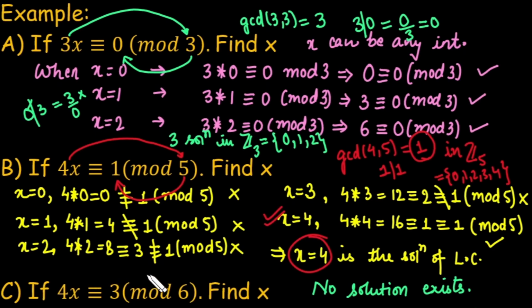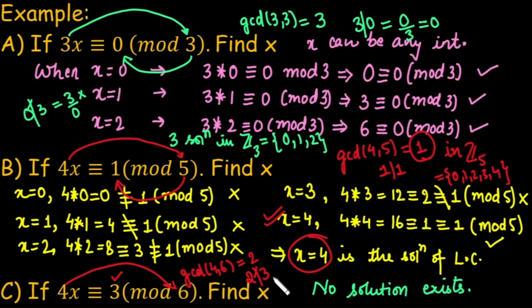Whereas for case number 3, 4x is congruent to 3 mod 6, find x. Before finding x, check whether it has a solution or not. What is the GCD of 4 and 6? That is 2. Now check whether 2 divides 3.